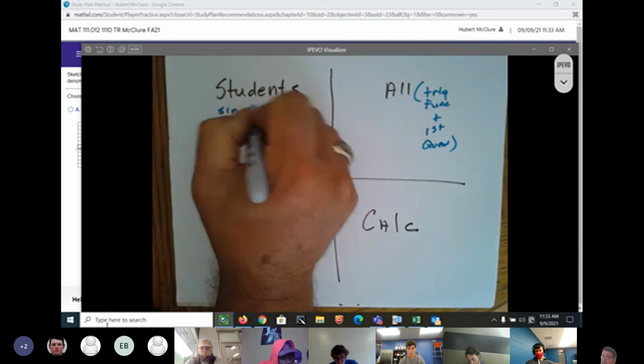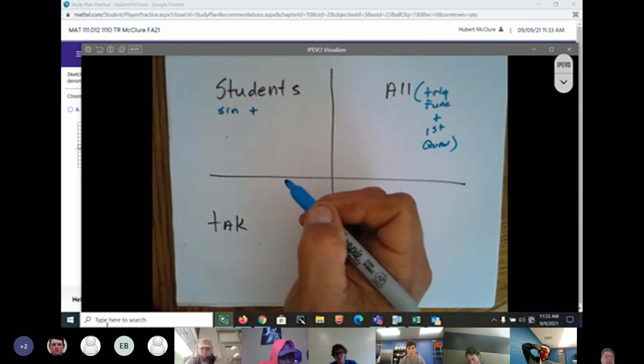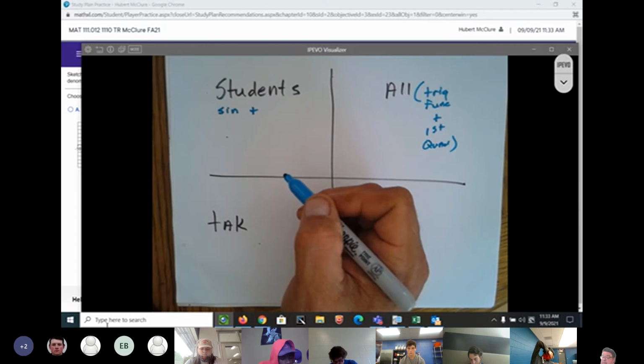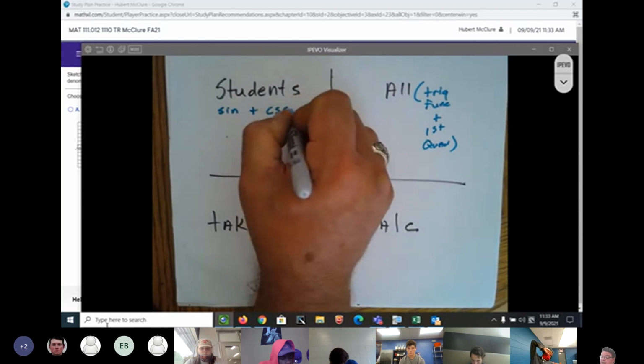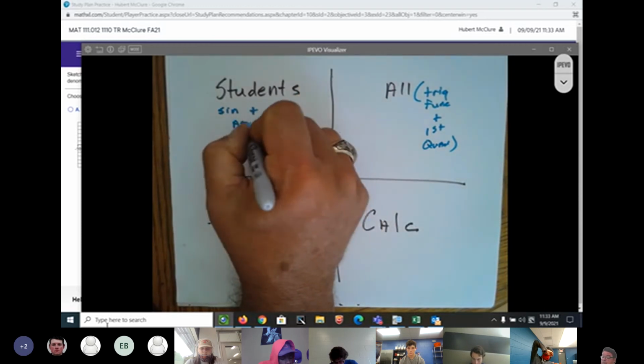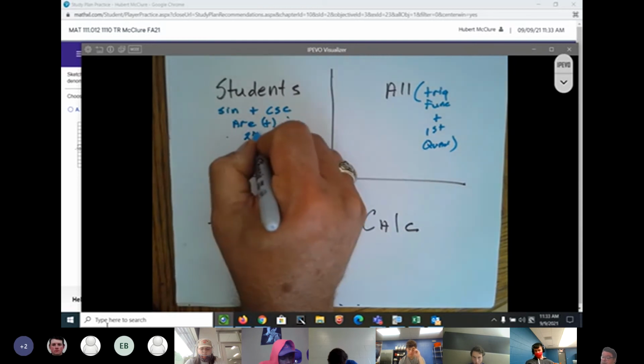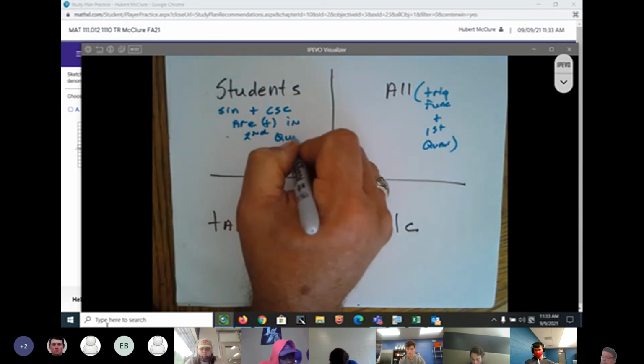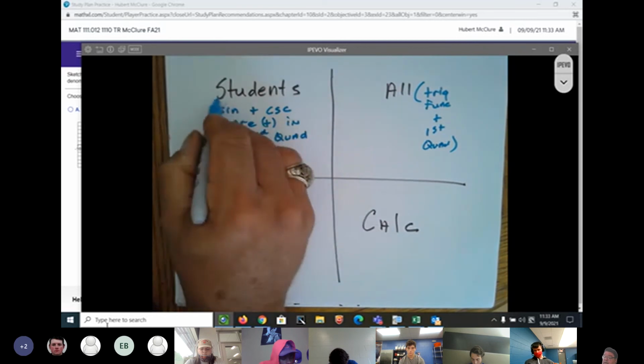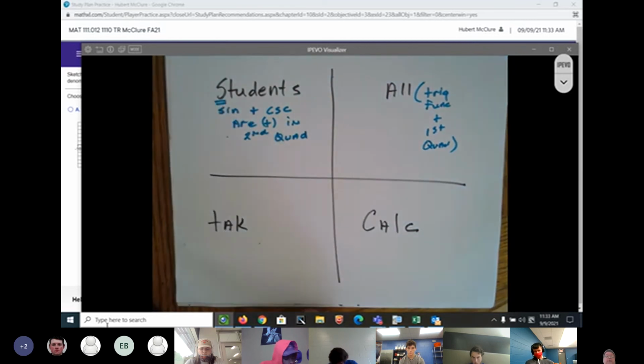Students, sine, and what's the reciprocal of sine? Cosecant are positive in the second quadrant. See, the S stands for the sine and the reciprocal of the sine.